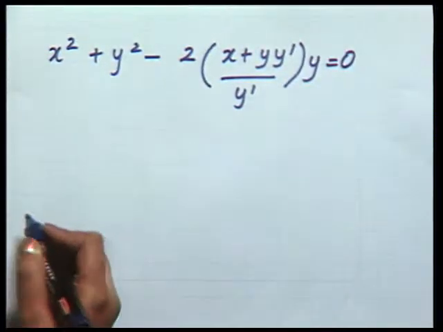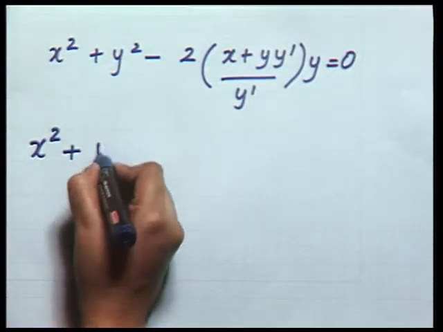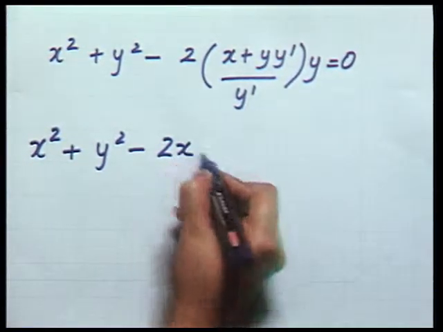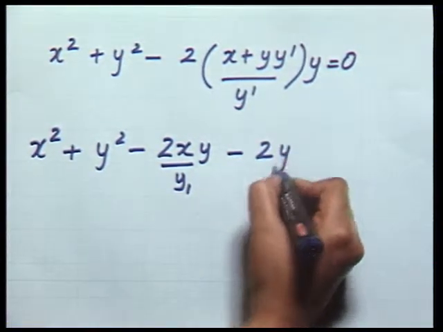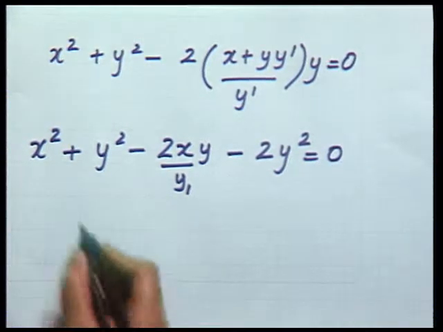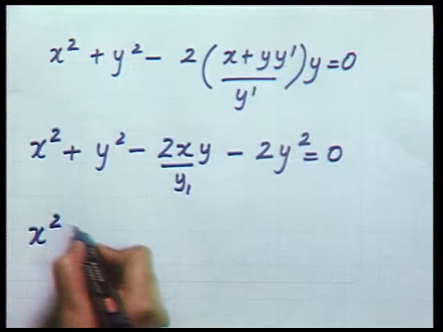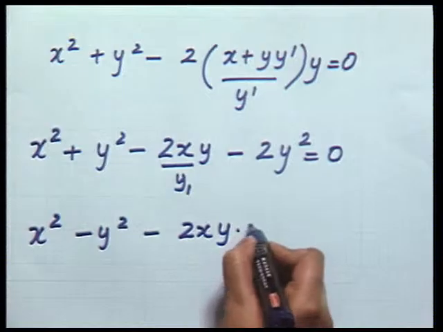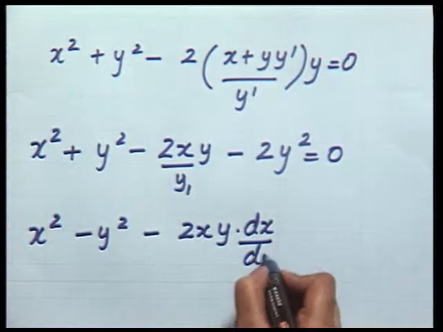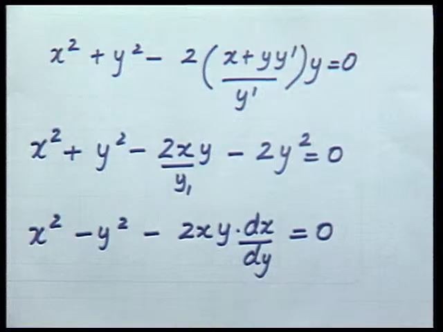You can further simplify it down and write it as x square plus y square minus 2x by y dash times y minus 2y square equal to 0. It can be further simplified as x square minus y square minus 2xy dx by dy equal to 0. And this is what we have as the differential equation representing family of circles whose center lies on y-axis and the circle passes through origin.